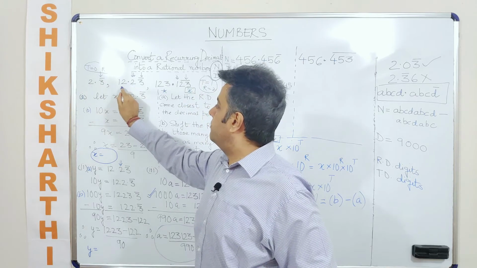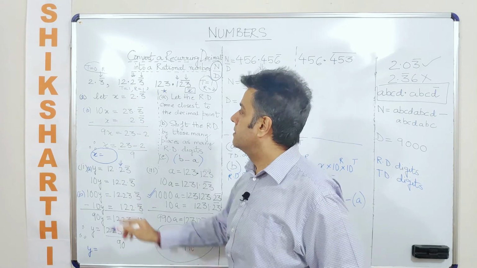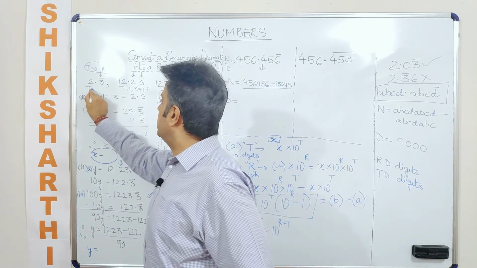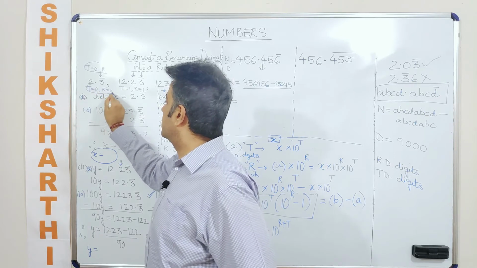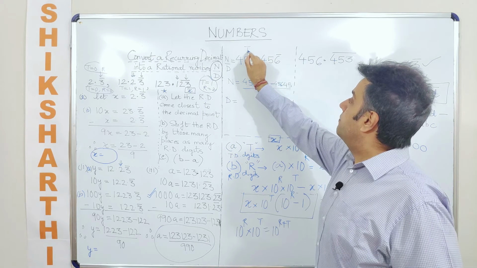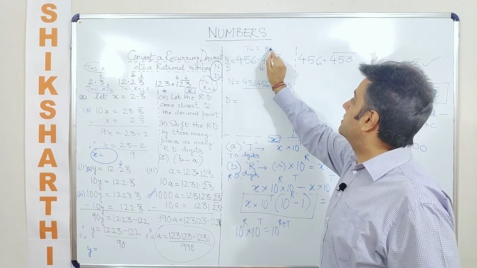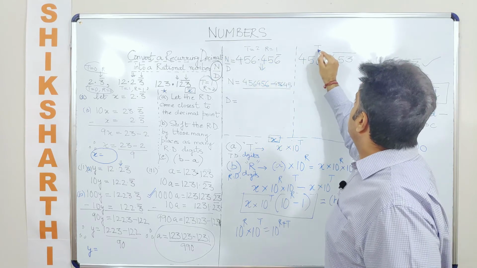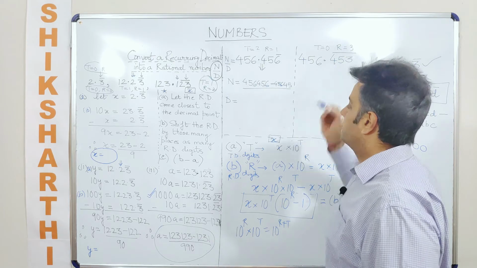Now in this case the value of t is 1 and the value of r also is 1. In this example that I have taken, the value of t, the terminating decimal digits, is 2 and the recurring decimal digits are 1. Here the terminating decimal digits are 0 and the recurring digits are 3.